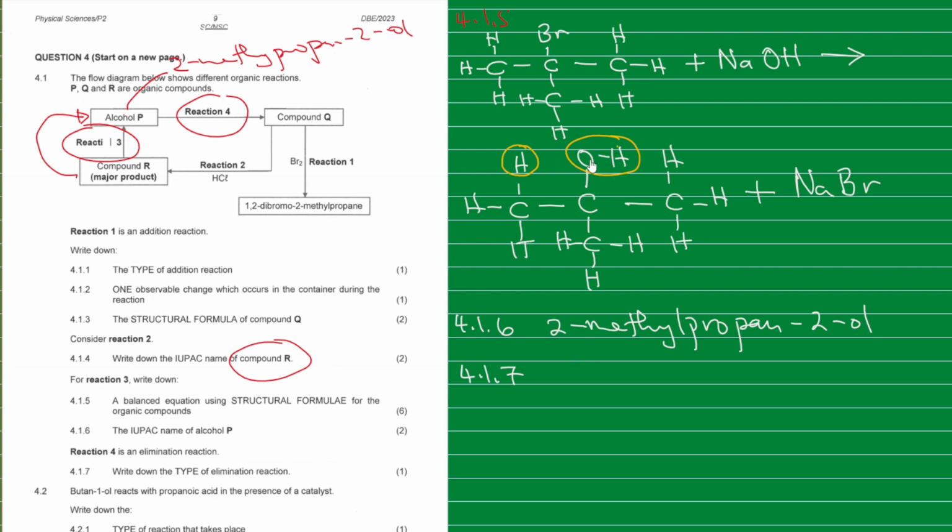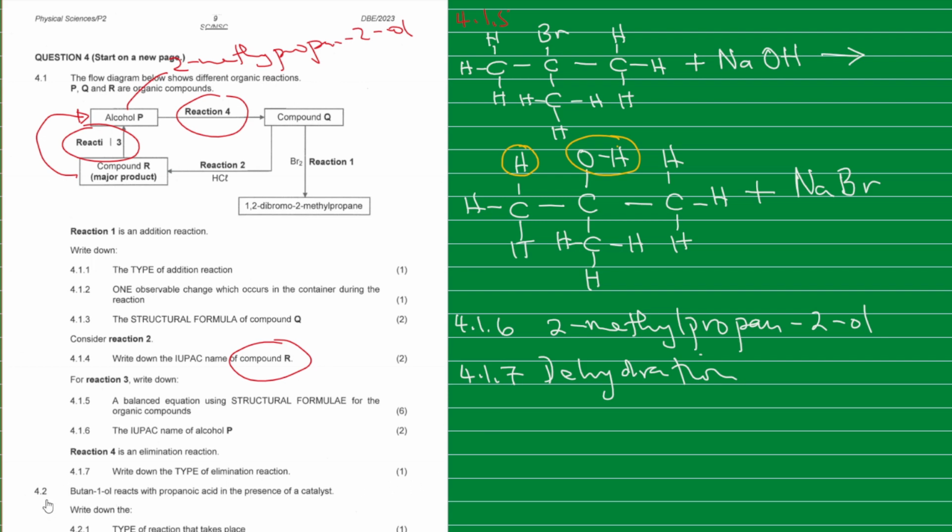This is water, H and OH. So that is a dehydration. The reaction is a dehydration because we are eliminating water. We have removed water from the alcohol and then we'll get our alkene. Right, so that answers that part.